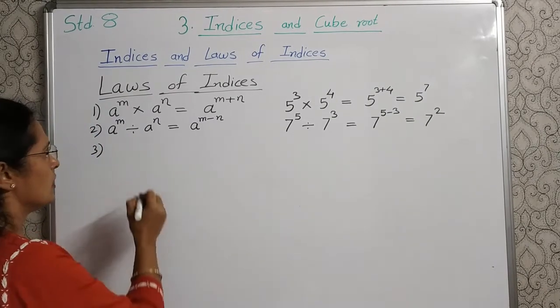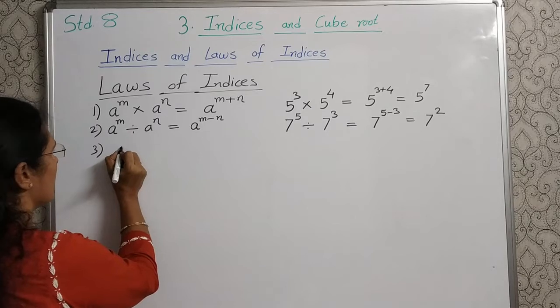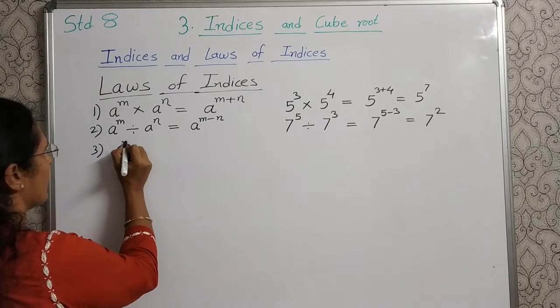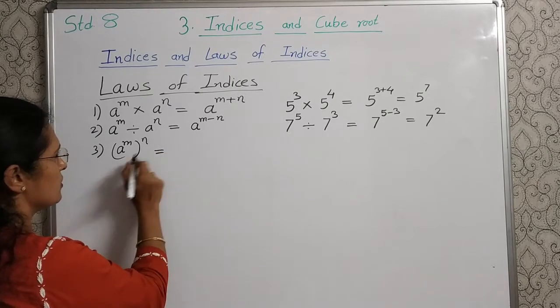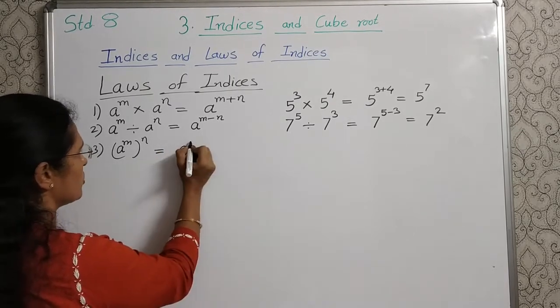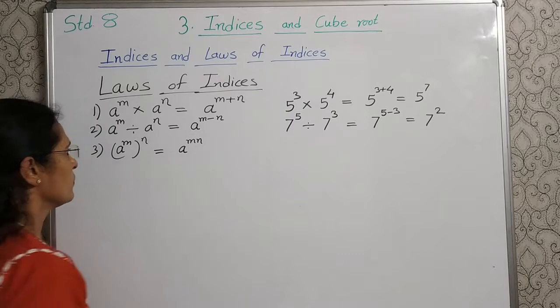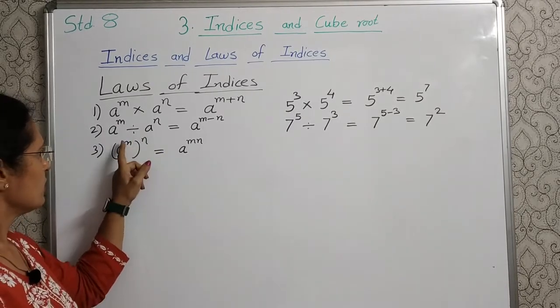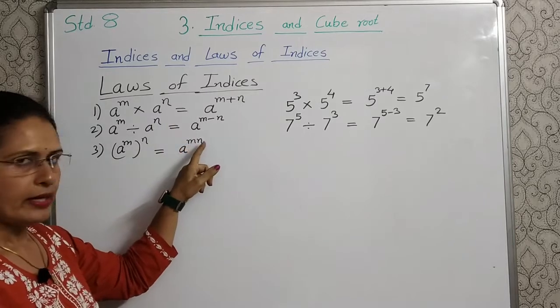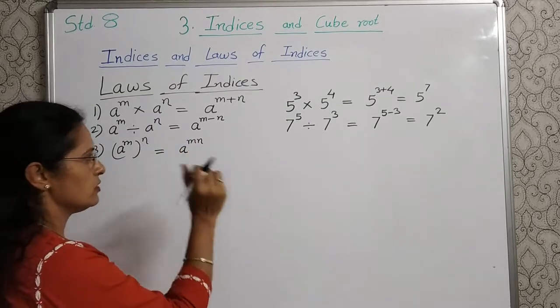Next, it is a raised to m raised to n. Here this will be equal to a raised to m n. So here index to index, when a raised to m raised to n, then we multiply these two, m and n. So this is the third law.